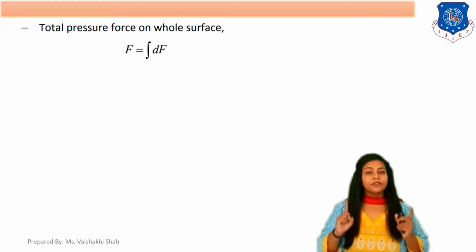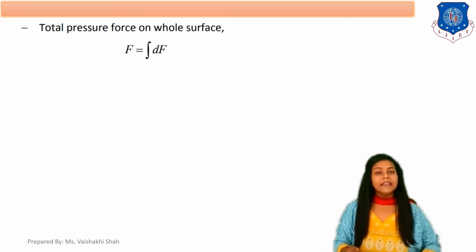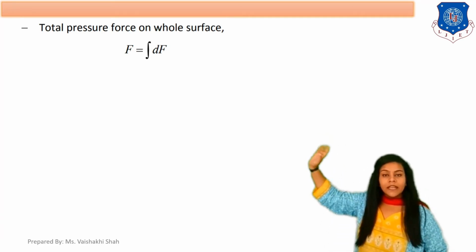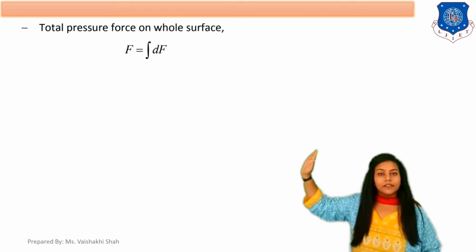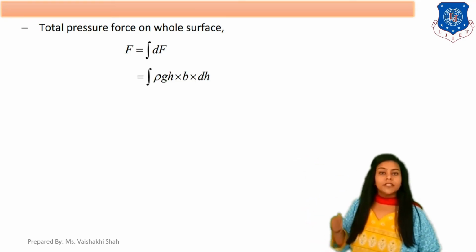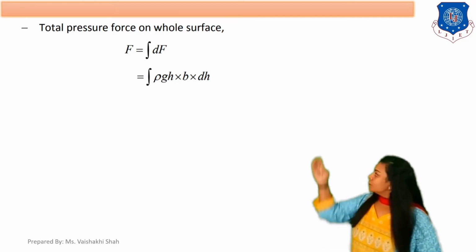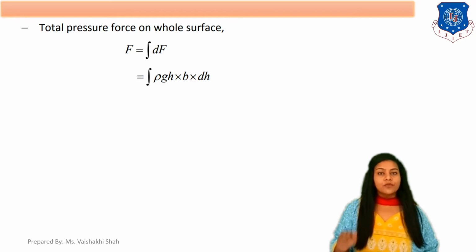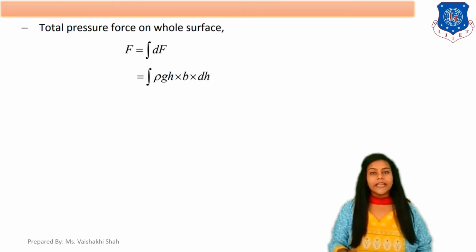The total pressure force can be found by integrating the force on a single strip. So you can take F, the total pressure force, equal to the integration of dF. We know the equation for dF, which is P into dA. So integration of rho g h into b into dh.